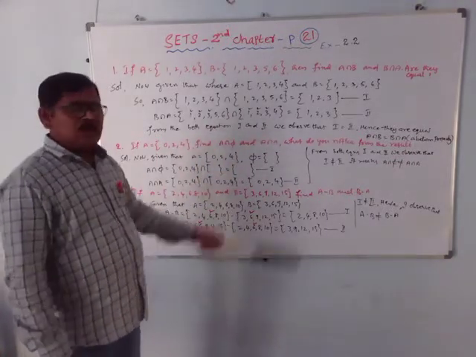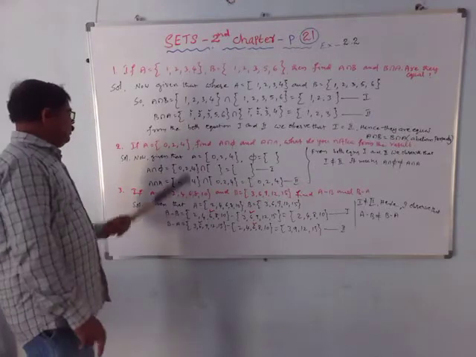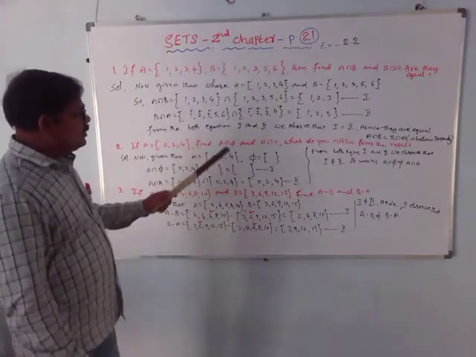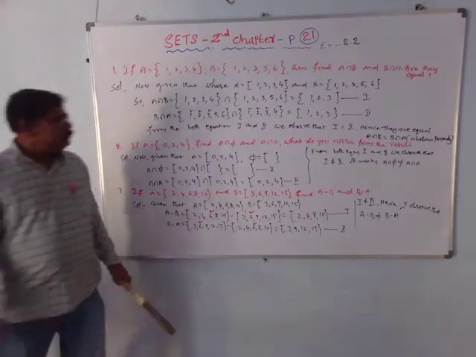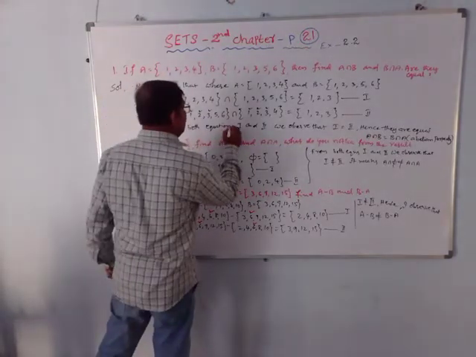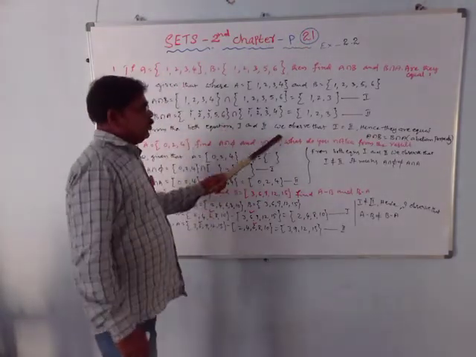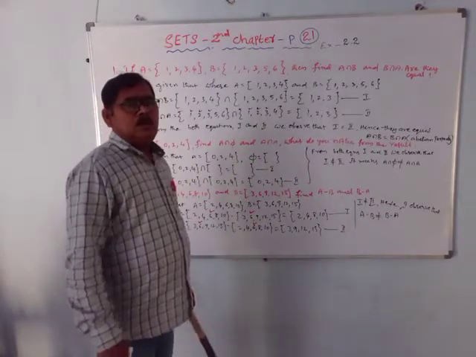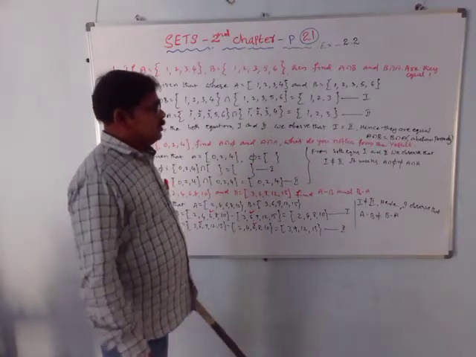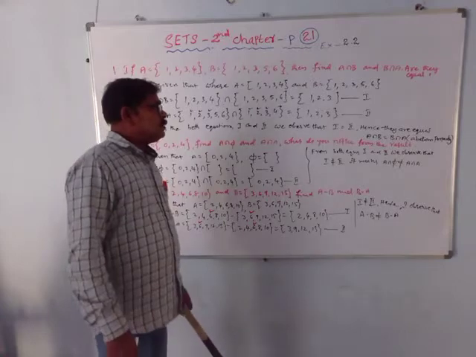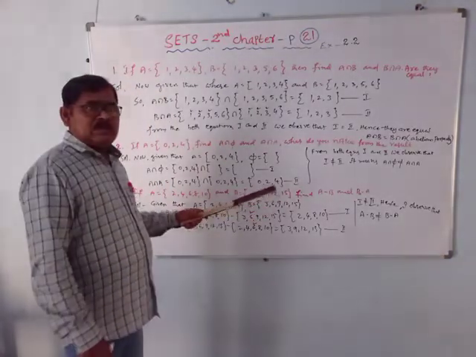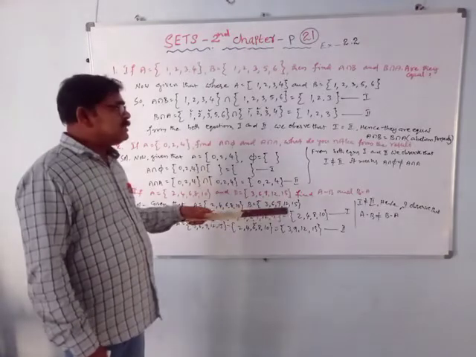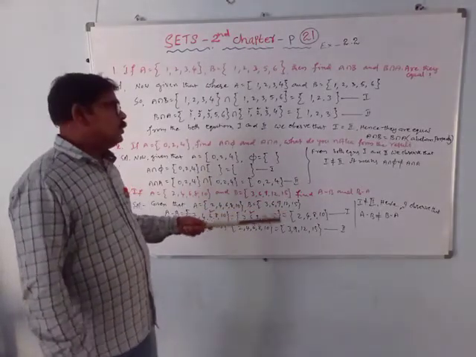Let us call it equation 2. From both equations 1 and 2, we observe that equation 1 is equal to equation 2, because equation 1 has the same elements as equation 2.